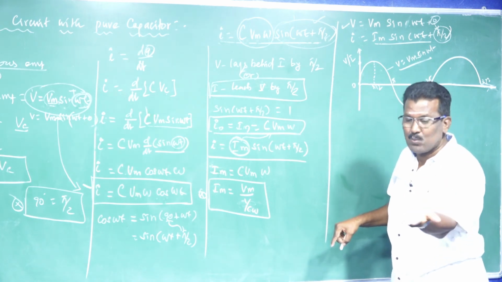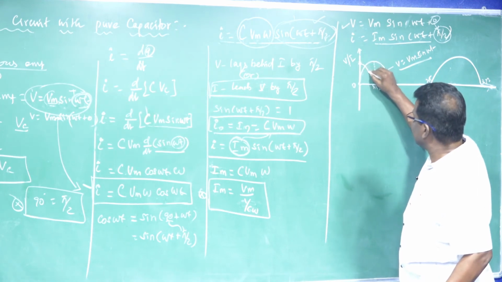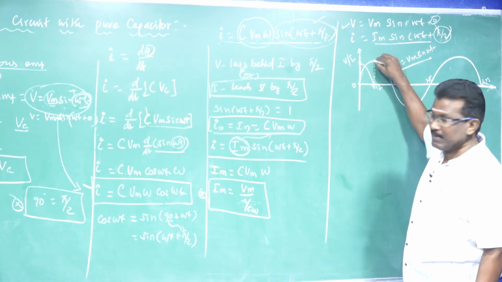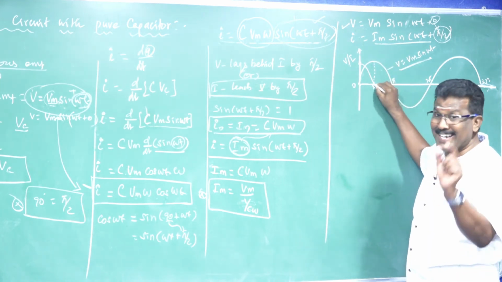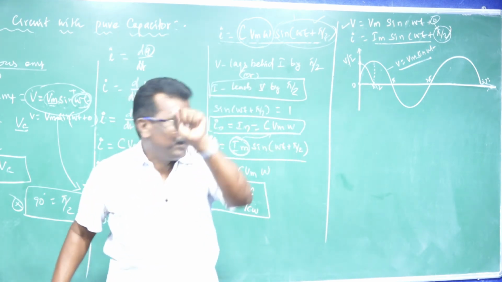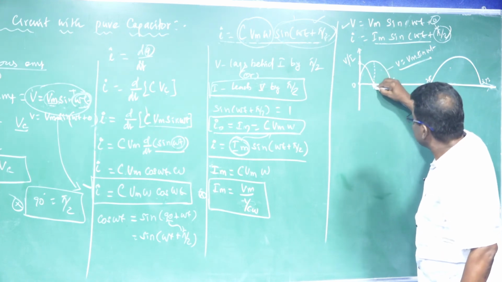When time increases, voltage increases, current decreases. Instantaneous current decreases. When voltage becomes maximum, current becomes minimum. But initially the current leads the phase angle by pi by 2. Again, voltage increases, current decreases.